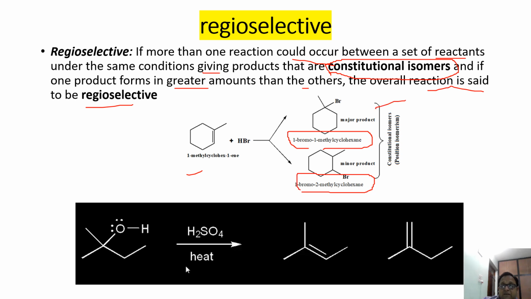This is major and this is minor product. But both the structures are constitutional isomers of each other. So therefore this reaction is called regioselective. One more case here we can count that dehydration of this alcoholic reactant in presence of sulfuric acid is resulting in two different regioselective products.